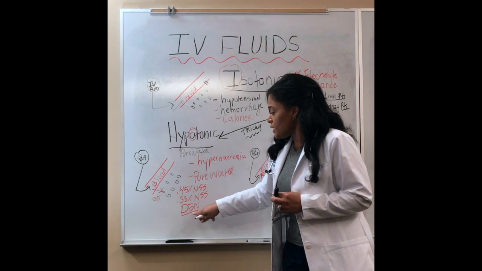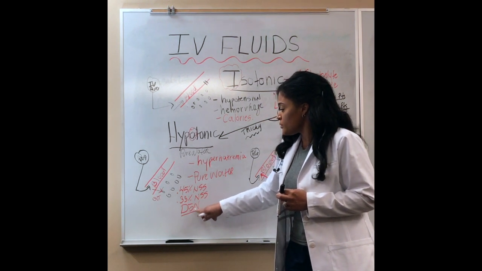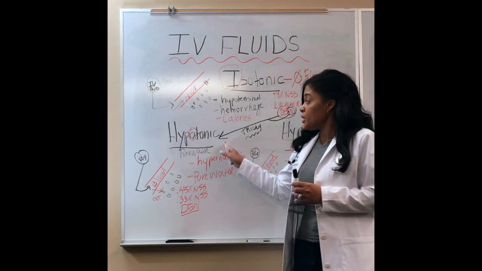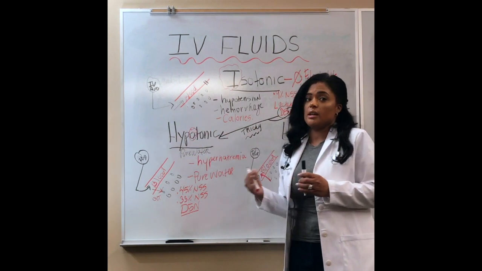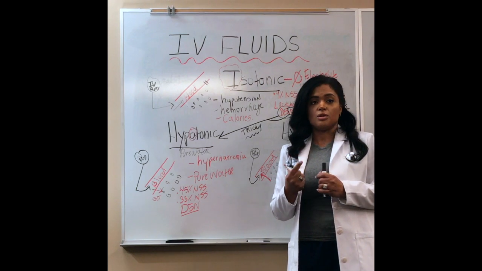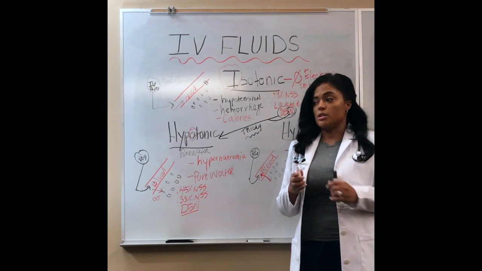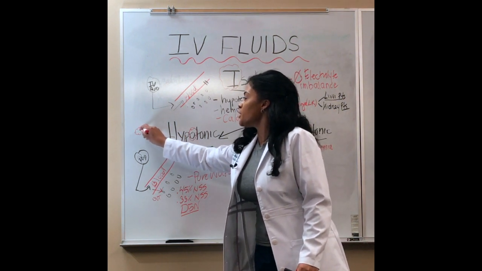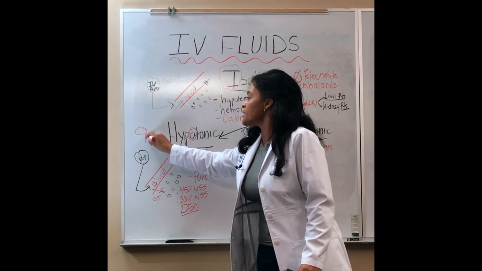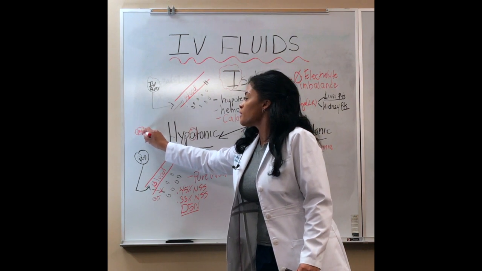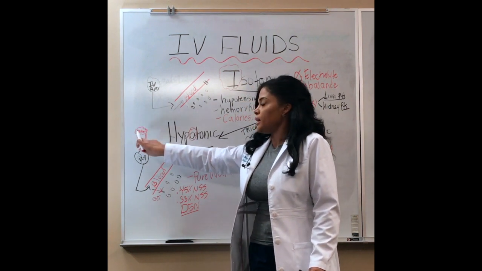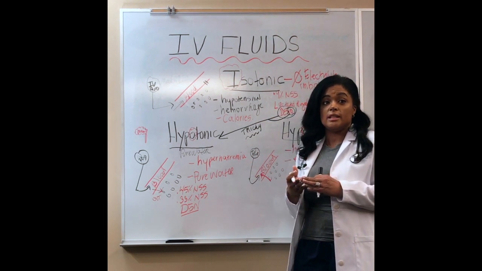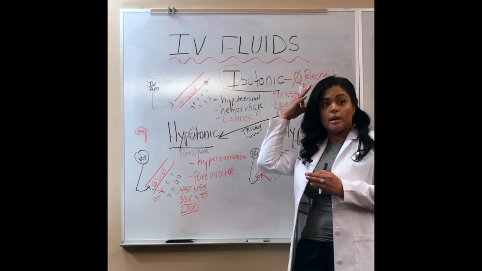Now, D5W is contraindicated in certain populations, but I'm going to include the entire hypotonic classification in this, in one of the two. One of the populations is patients with, and I'm going to draw a brain here as best as I can, in the stem, with brain injury. And that includes someone that has cerebral edema, where there's swelling of the brain.